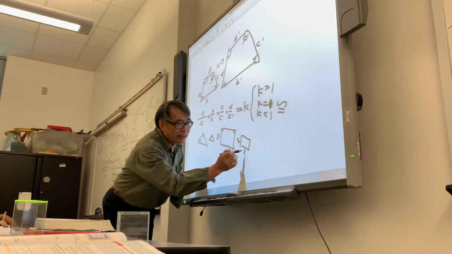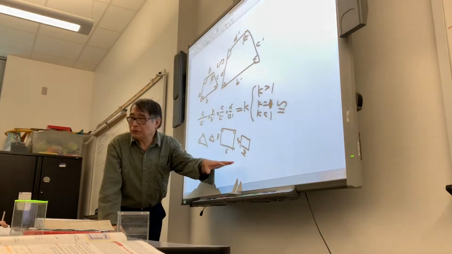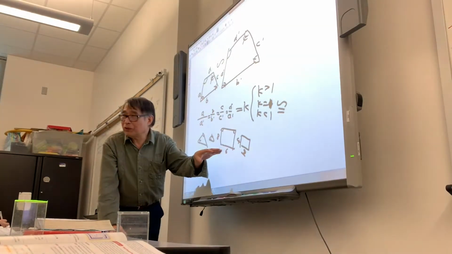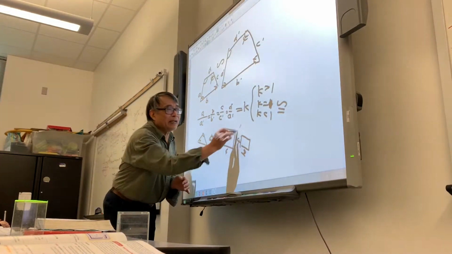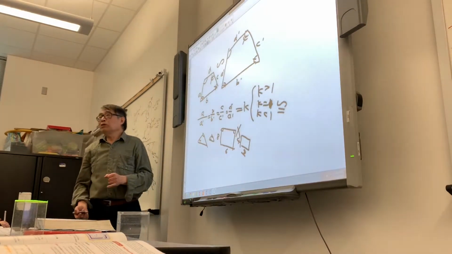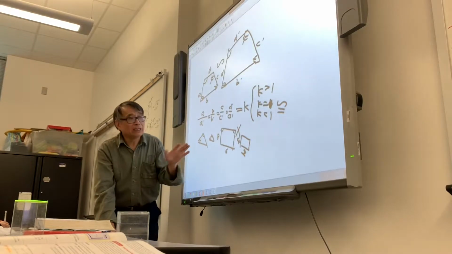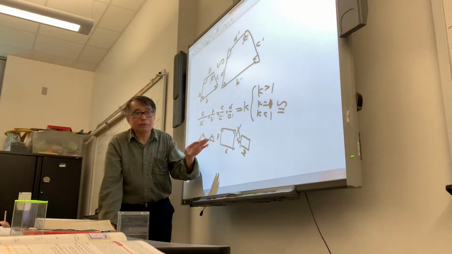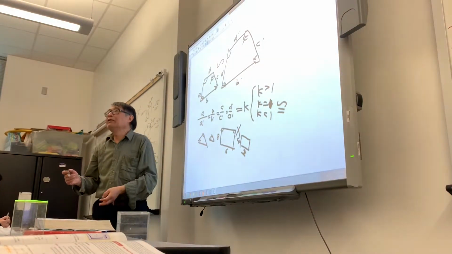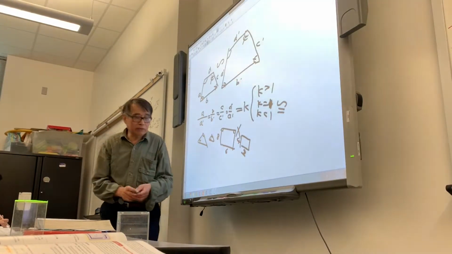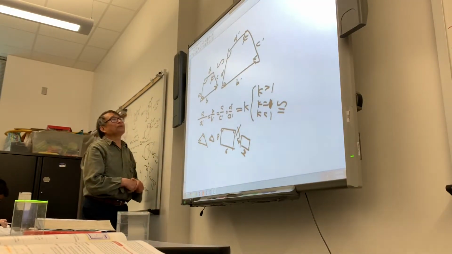But if this is 4 over 2, so 6 over 2 is 3, 8 over 4 is 2, means what? They are not proportional. They are not similar. So triangle, two angles is enough for similar. But after quadrilateral, pentagon, hexagon, whatever gon, you should be very careful. They are not similar, although every interior angle is congruent.